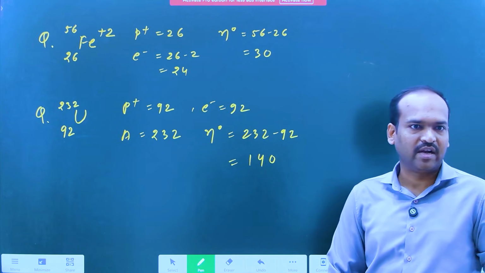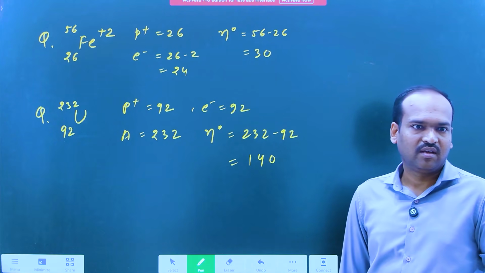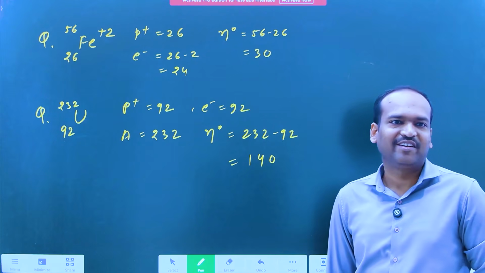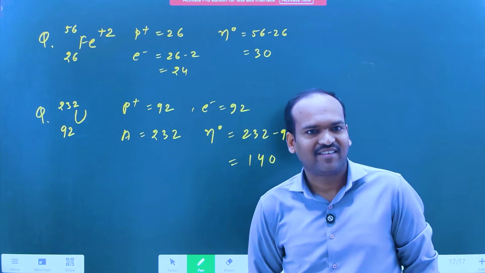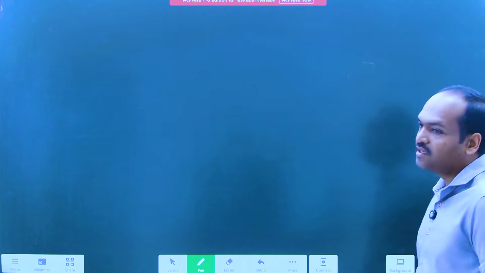I am getting one answer, 140. Is this correct? Yes. We have to learn the whole periodic table, and I will help you in this.